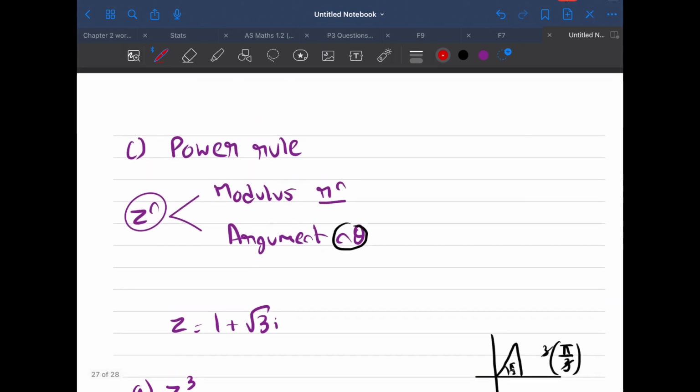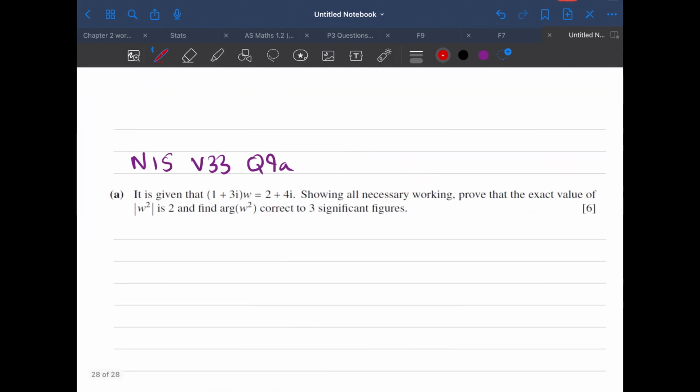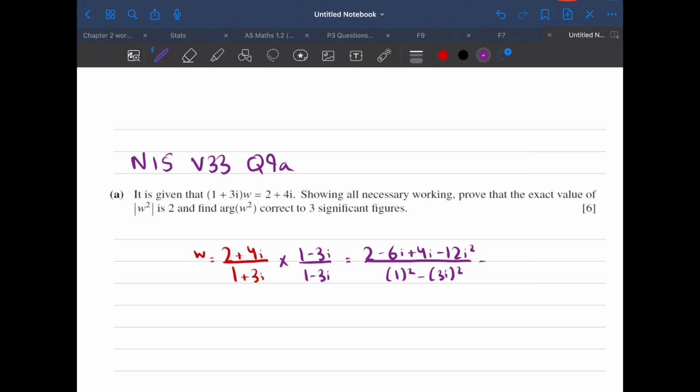Let's do one past paper question of power rule. So here, first I'm supposed to find out W. How will I do that? 2 plus 4 iota and 1 plus 3 iota. Multiply by its conjugate. 1 minus 3 iota, 1 minus 3 iota. So 2 minus 6i plus 4i minus 12i square divided by 1 square minus 3i whole square. So 2 minus 12 becomes plus 12.